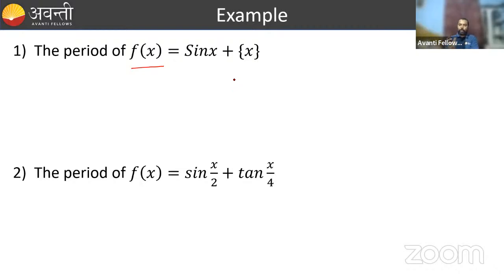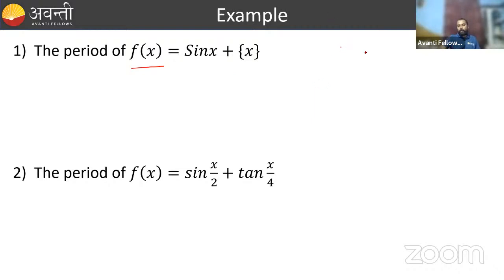I am waiting for your response in the chat box. Please respond with the answer. Everyone, please participate in the class. Be interactive. Answer the question. What is the answer? All of you know, right?